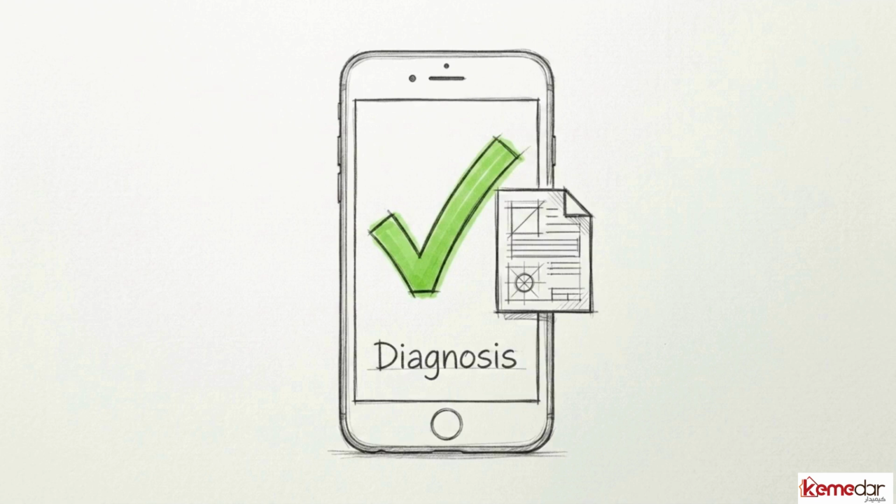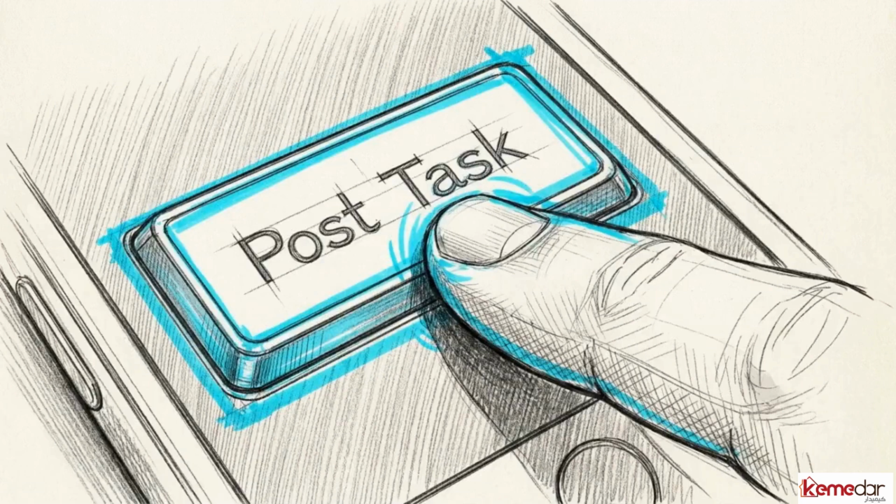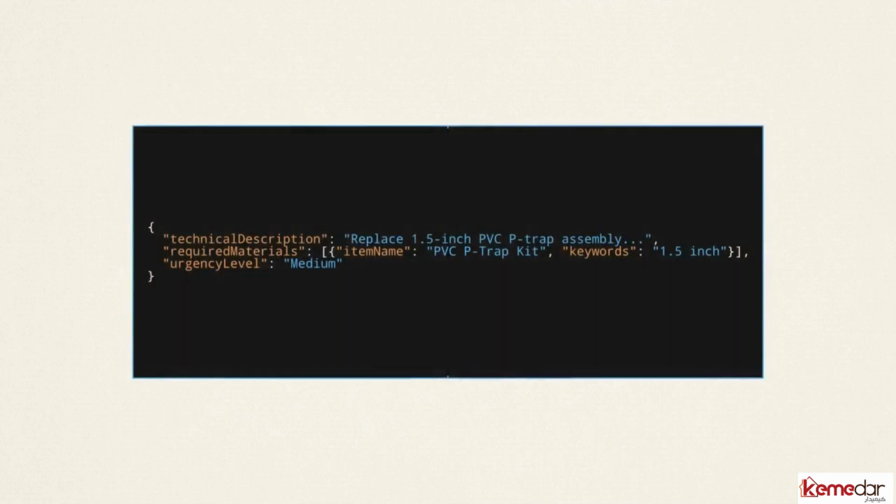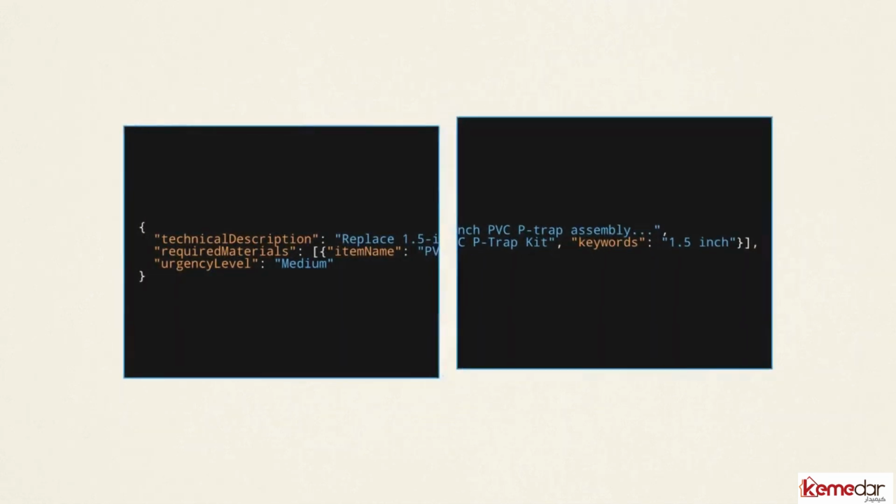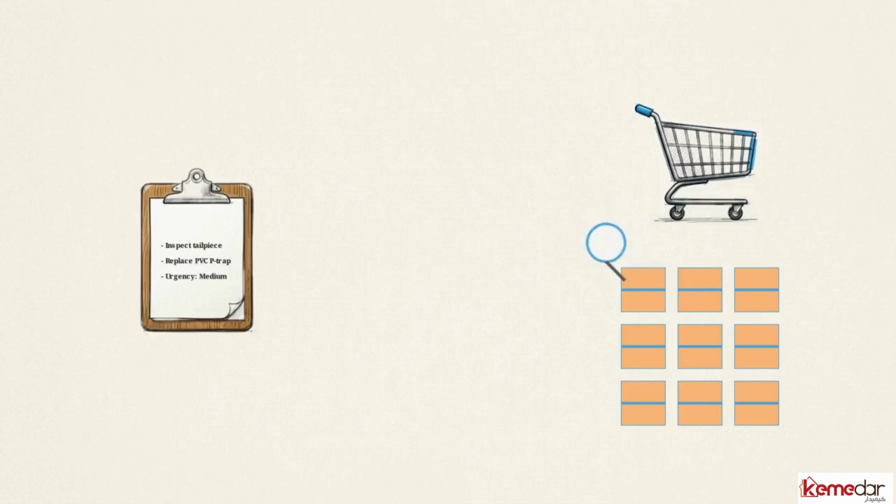With the data parsed and safety verified, the homeowner is presented with the final diagnosis for approval. The moment they tap Post Task, the architecture reaches its climax. The single JSON payload physically splits to execute two distinct database operations. The payload's left half migrates session data into a live task record on the service marketplace, mapping the technical description to define task parameters.